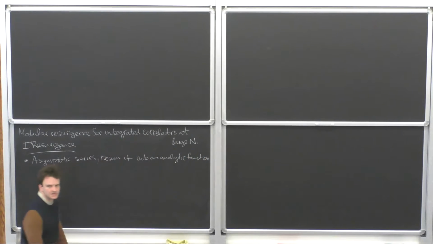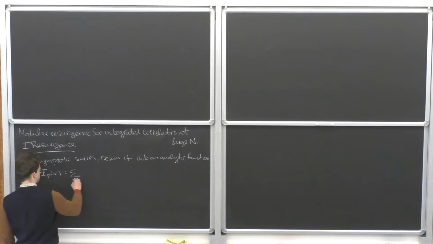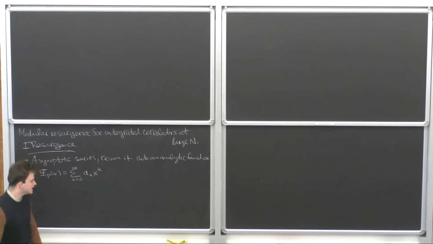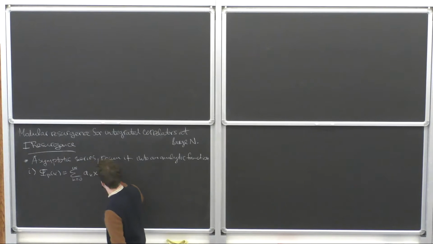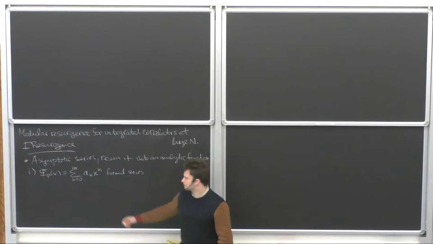So it's a multi-step program where we begin with some kind of a perturbative series, phi_p(x), which will be some sum, k equals 0 to infinity, of some coefficients a_k x to the power k. And of course, what makes this series special is that it's a formal series, so it won't converge for any non-zero value of x, but at the same time, we want to bound the growth of the coefficients.